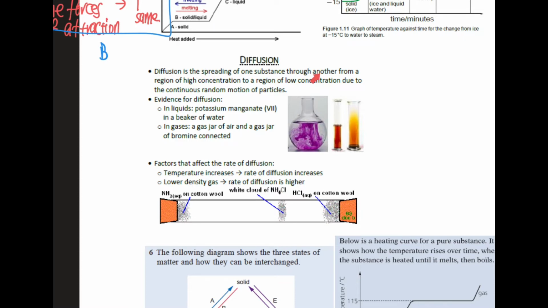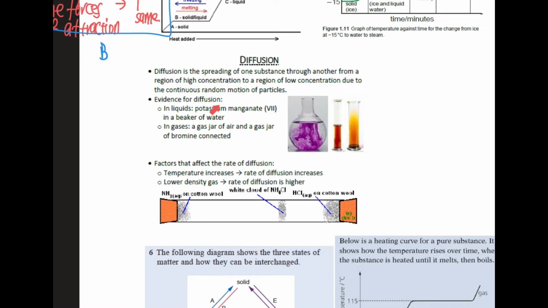Diffusion. Diffusion is the spreading of one substance through another from a region of high concentration to a region of low concentration due to the continuous random motion of particles.